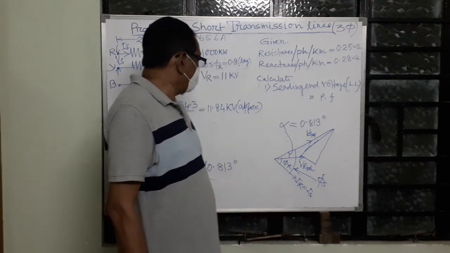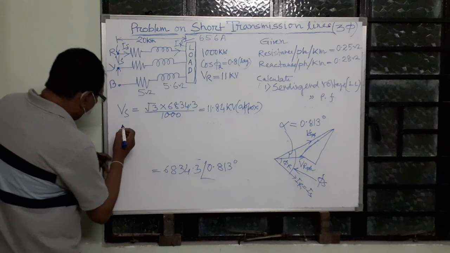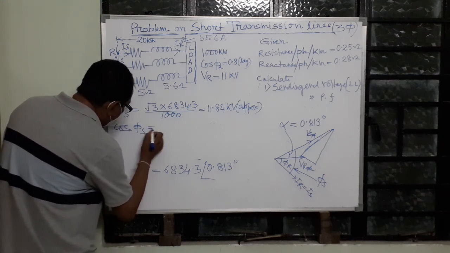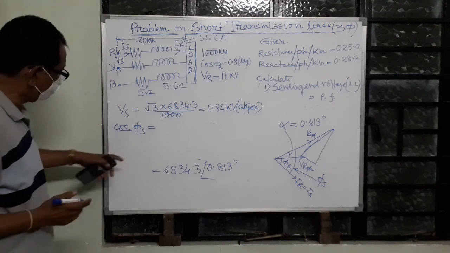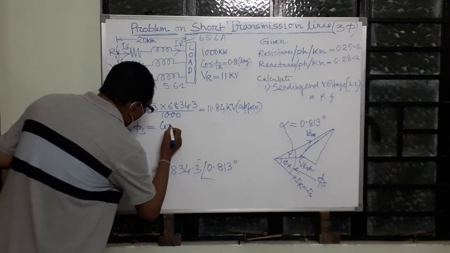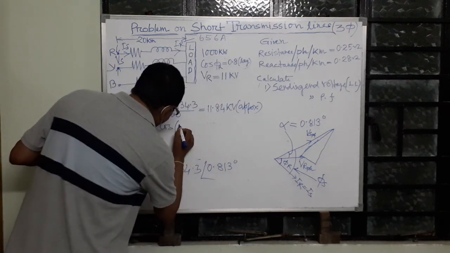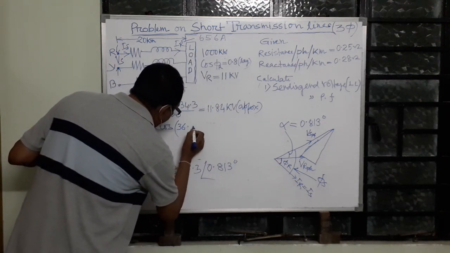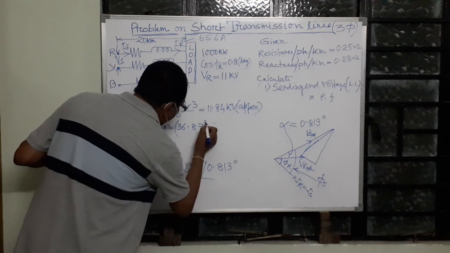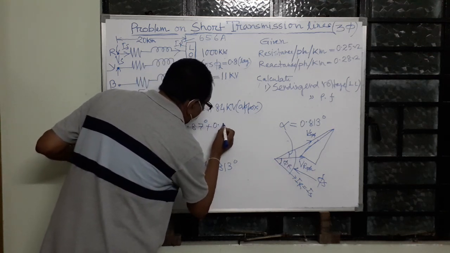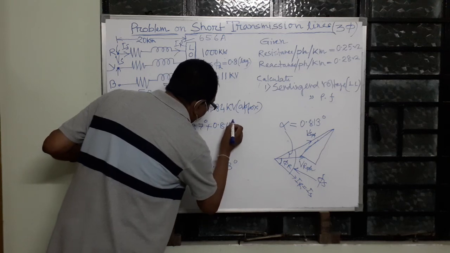So the power factor of the sending end is cos phi S. Cos phi S means the power factor of the sending end is equal to cos of this angle, which is 36.87 plus this angle 0.813.